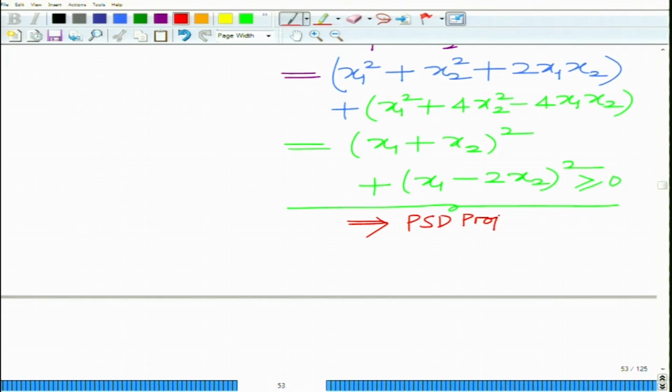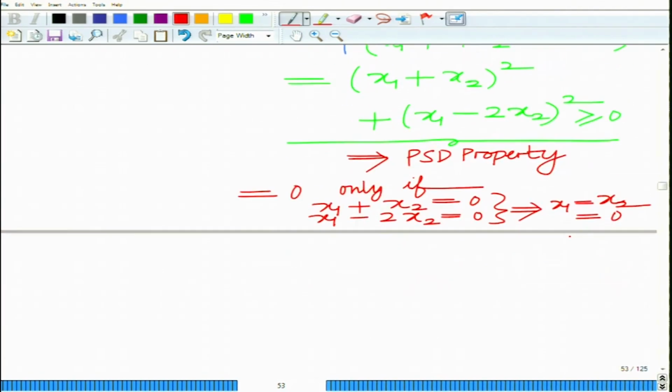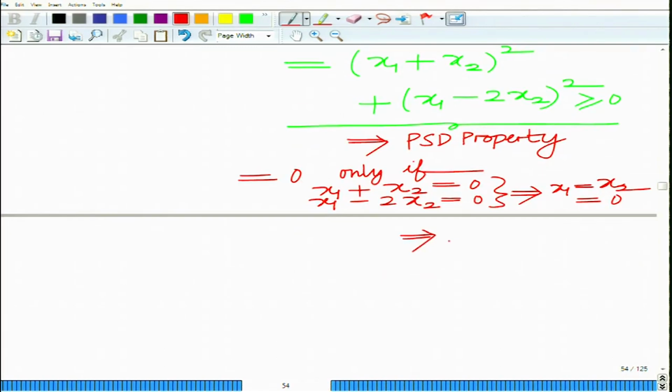This satisfies the PSD property, and in fact, you can see this is equal to 0 only if x1 plus x2 is 0, because it is a sum of perfect squares. So, both must be 0, x1 minus 2 x2 must also be 0, and this implies that x1 equals x2 equals 0. So, it is only 0 when x1 equals x2 equals 0, that implies x bar equals 0.